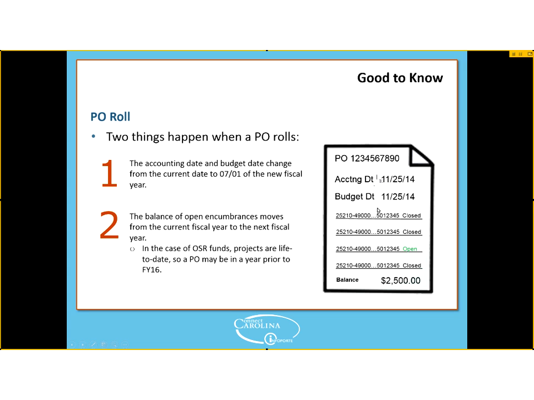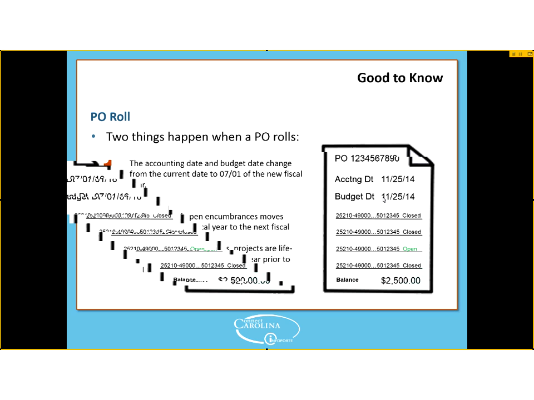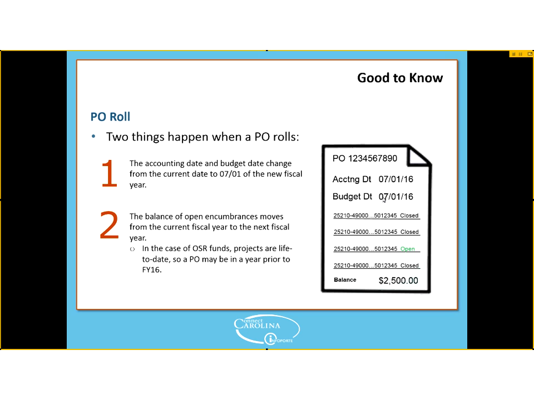If you look at the example here on the screen, this little mock-up, the accounting date and budget date on this are from 11/25/14. That's FY15, so that fiscal year is closed, but because it's life to date, that date is still okay. What we're going to do is just roll it into next year. So now that accounting date and budget date changed to 7/1/16.